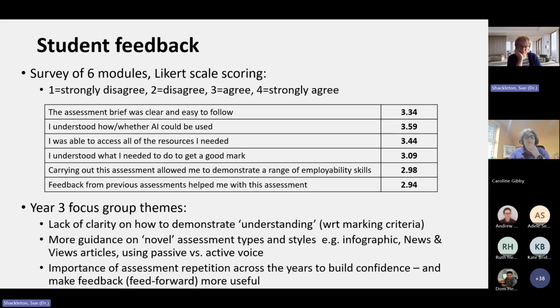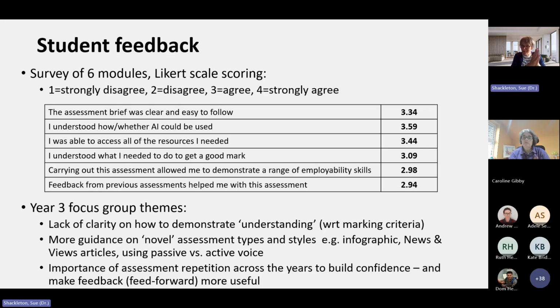But also, I think related to building assessment literacy and confidence with specific types of assessment. We've talked a bit about this today, about different types of assessment and scaffolding students in gaining confidence and expertise in particular types of assessment and particular skills, perhaps with more coherence across the programme.